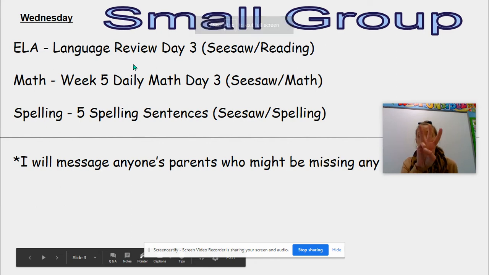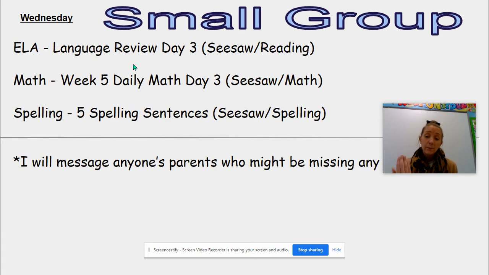Today, you have 3 tasks. On top of your writing, you might want to put a little star next to it. You have your ELA, which is Language Review Day 3, and we'll go over that Thursday morning. You have Math, Week 5 Daily Math, Day 3, which we will also go over Thursday morning. And last but not least, you get to write 5 spelling sentences in your spelling folder on Seesaw.